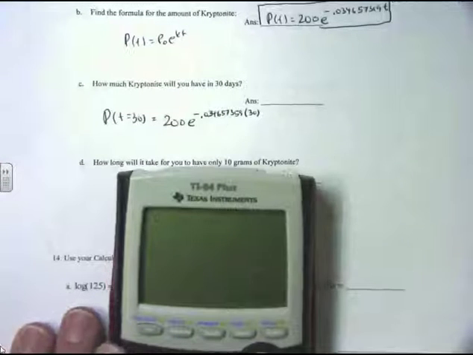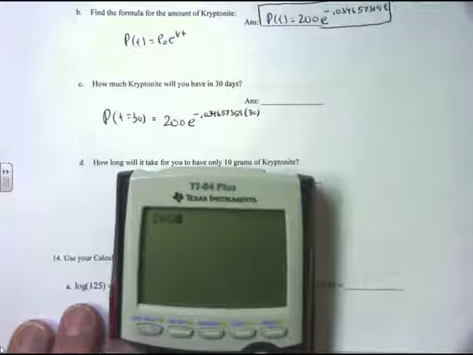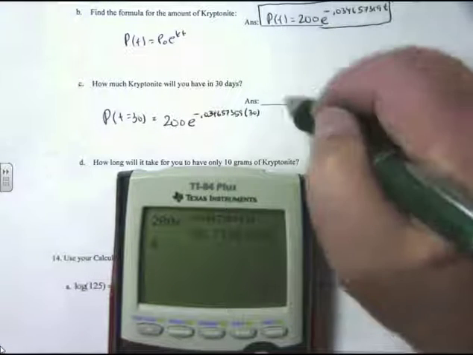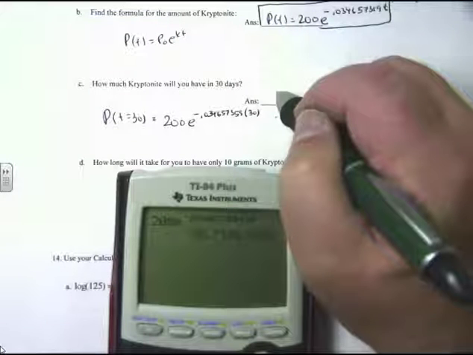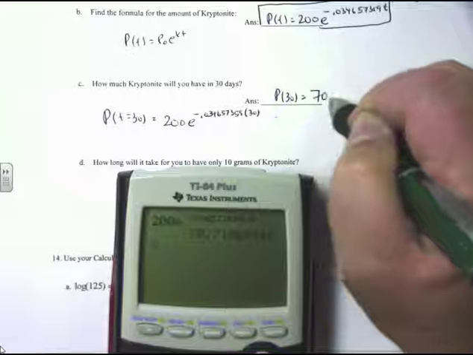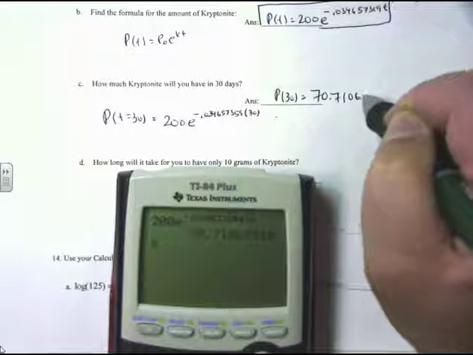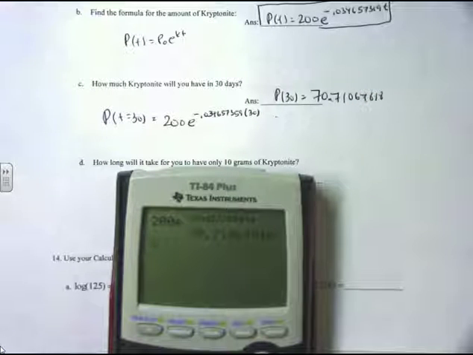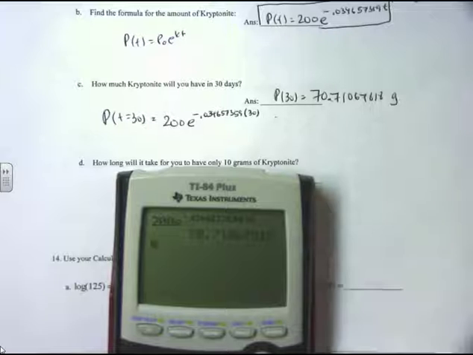So just plug it in the calculator, 200 e raised to the negative 0.034657359 times 30 days, which gives me P of 30 is equal to 70.71067818. And you guys don't have to take it out to that many decimal places. I'm just trying to show you if you're doing it on a calculator, this is what you would get. And that would be grams of kryptonite.